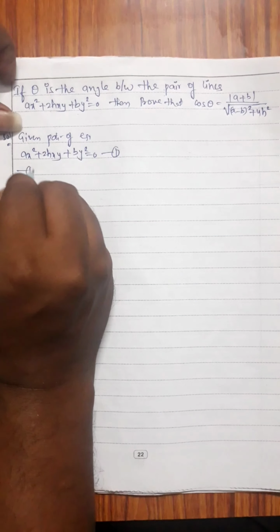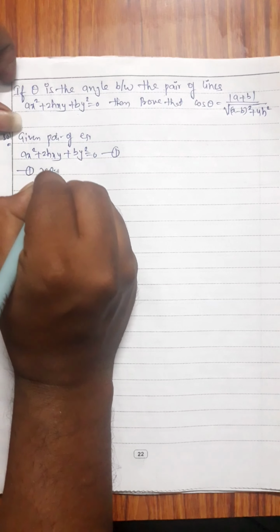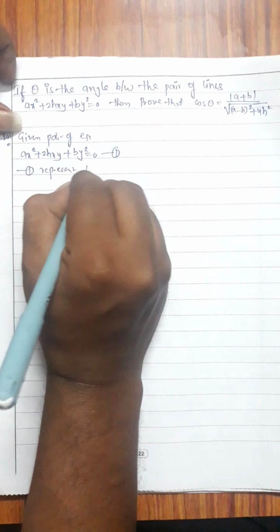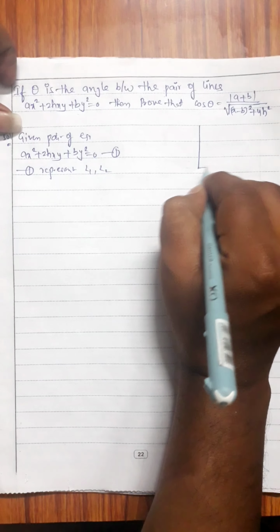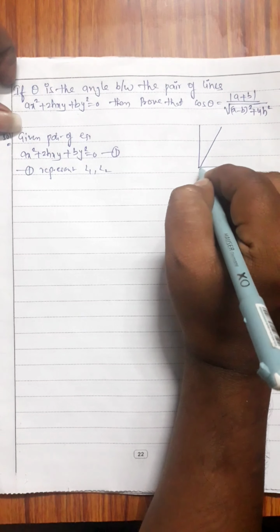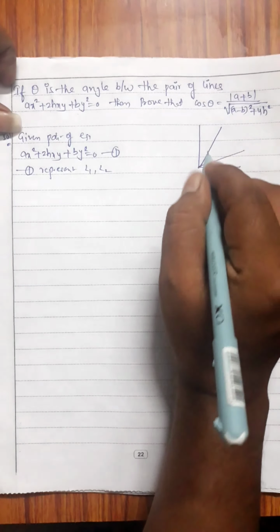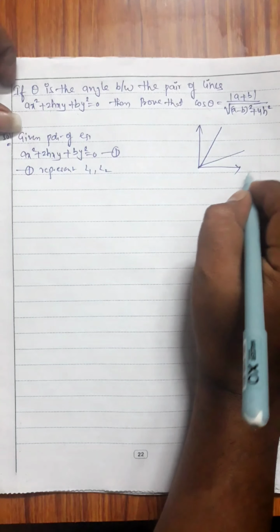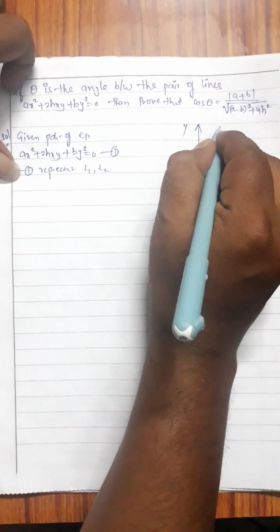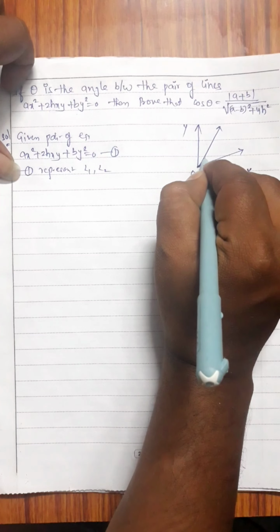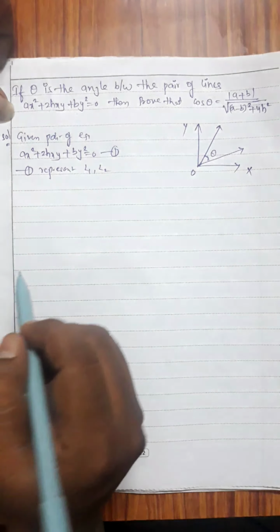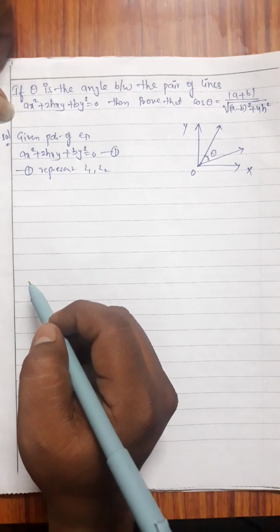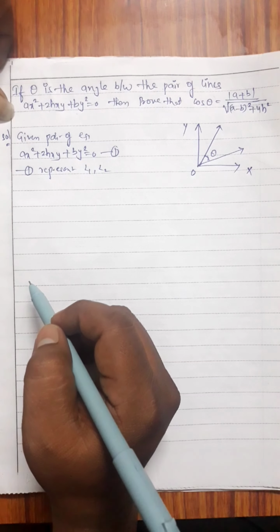So 1 represents L1, L2, the two lines. One is L1, one is L2. Both pass through the origin. This is the x-axis, this is the origin, this is the y-axis. Between these two lines the angle is theta. Then we have to prove that cos theta is equal to mod of a plus b by under root of (a minus b) whole square plus 4h square.